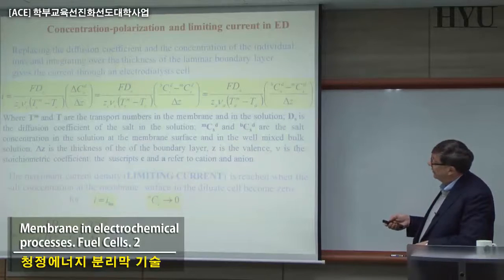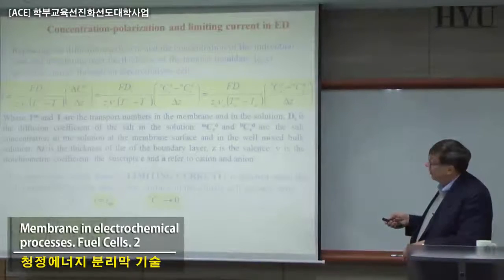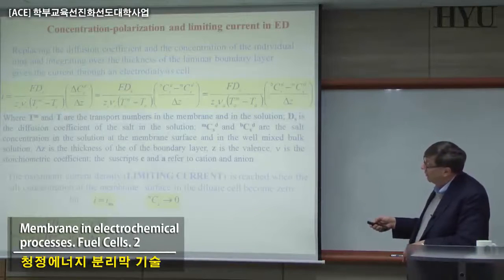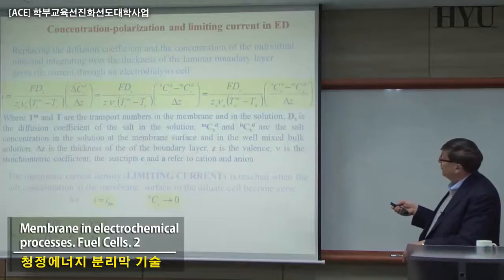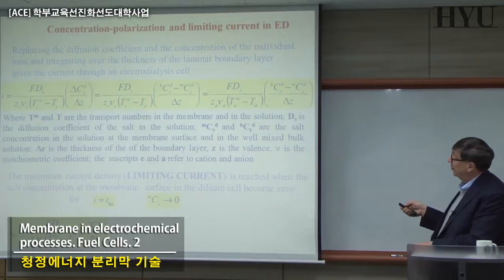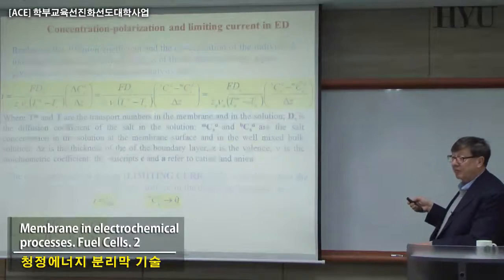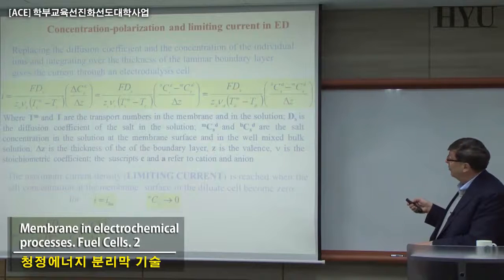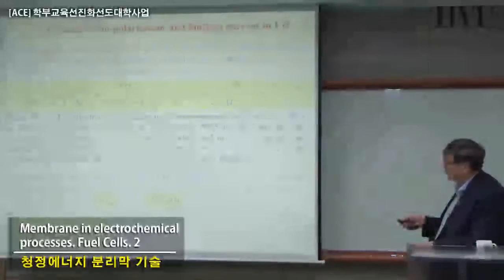With the appropriate boundary conditions you can integrate, and so the overall current will be given by this kind of expression. Basically it is given by this product of the diffusivity and the Faraday, with the difference in the transport number, times the driving force of the system, which is nothing more than the difference of the concentration of these different ions on one side and on the other side of your membrane.